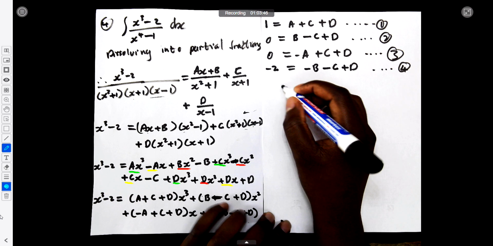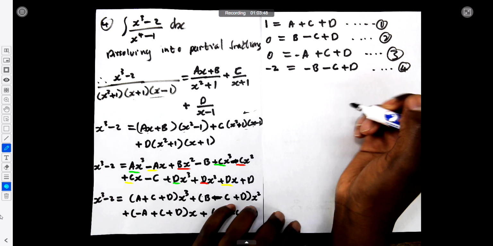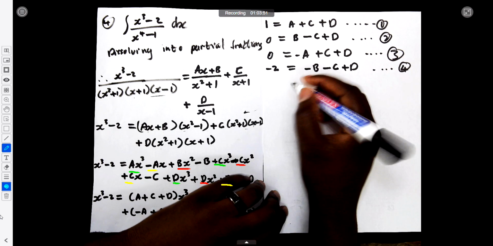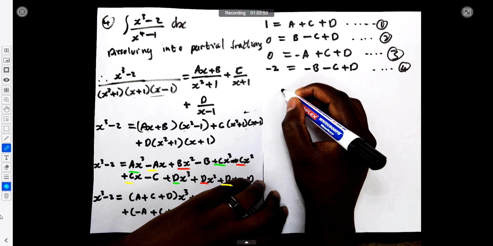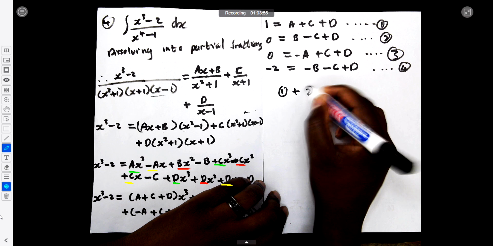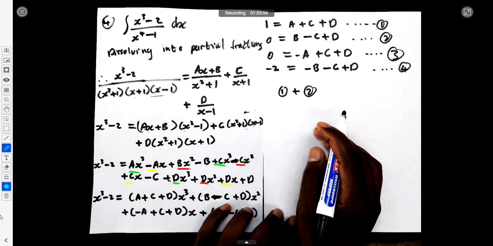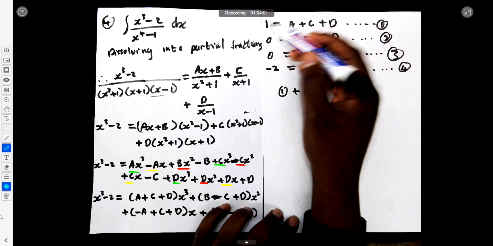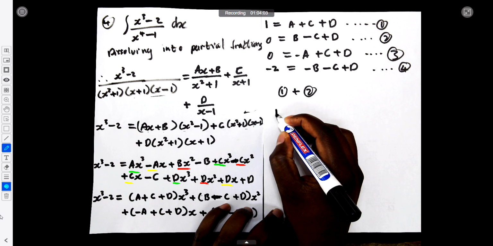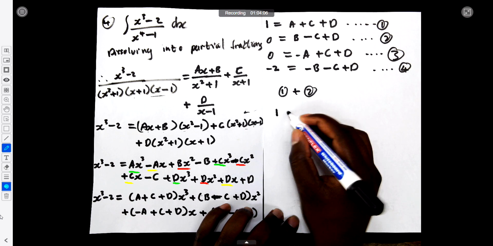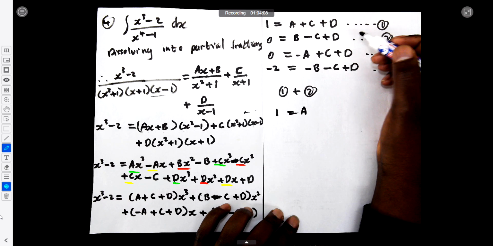I see we can eliminate certain variables here. Let's see which one we can utilize. So I can say, for an example, let's try equation 1 and equation 2. When you add the 2, we're going to say 1 plus 0, which is 1. Then A doesn't have a like term here, it will still be A, isn't it?